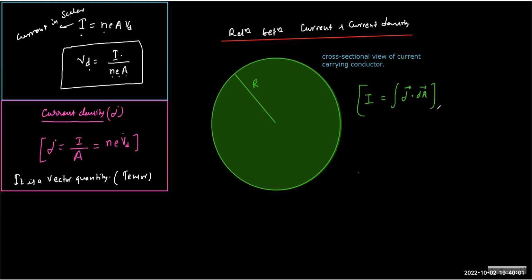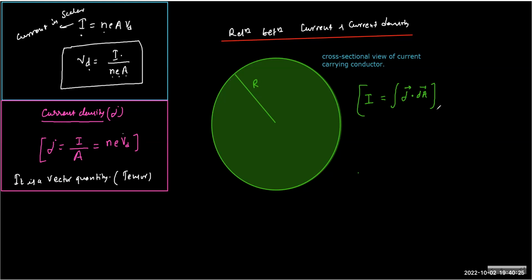So if you want to cover the entire flow of electrons, what kind of surface must you draw? Electrons are moving from the inner surface towards the outer surface in a radial direction. So if you are at some intermediate position, the cross section through which the electrons are crossing is of what shape?